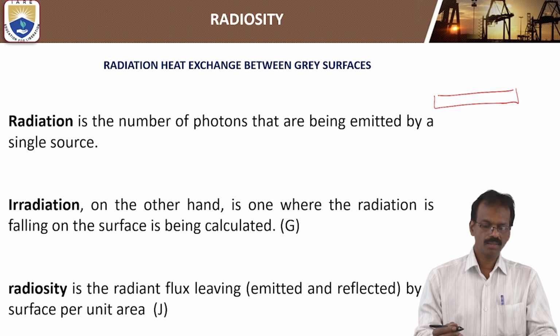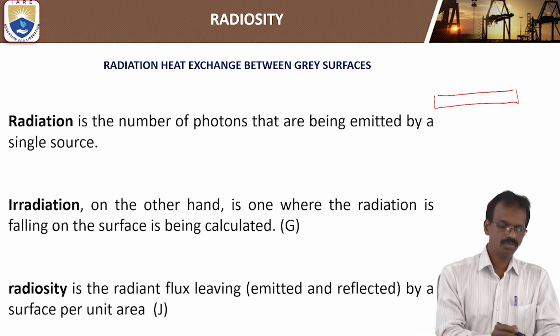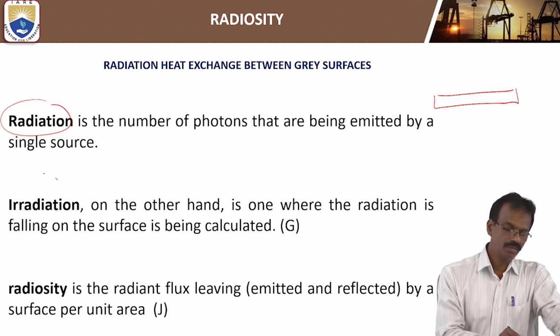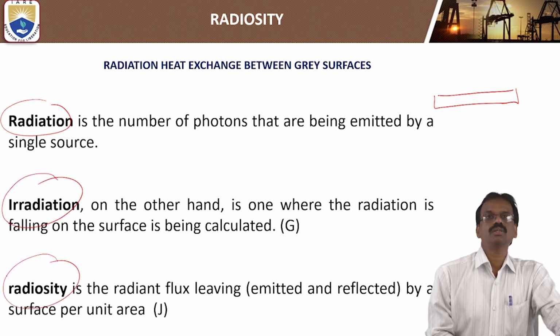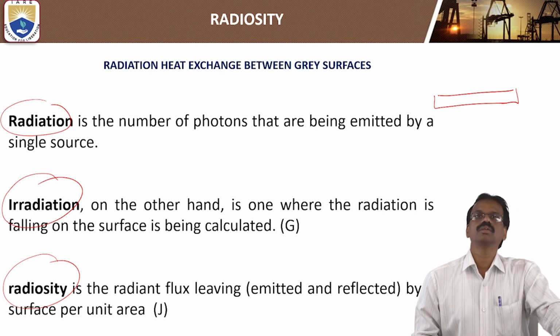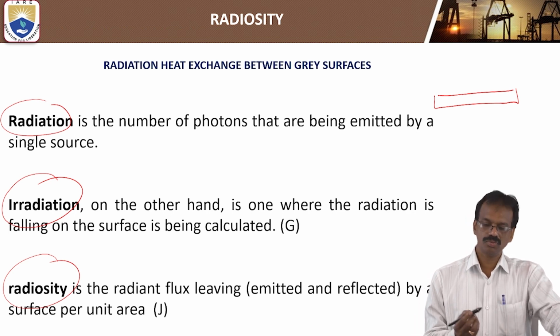Last class we also discussed what is radiation, what is irradiation, and what is radiosity. Radiation is the number of photons emitted by a source.